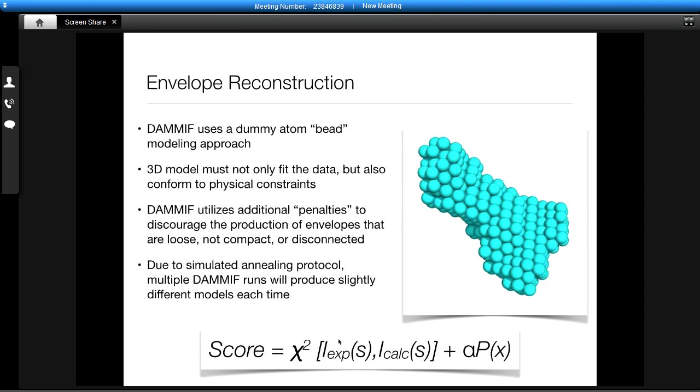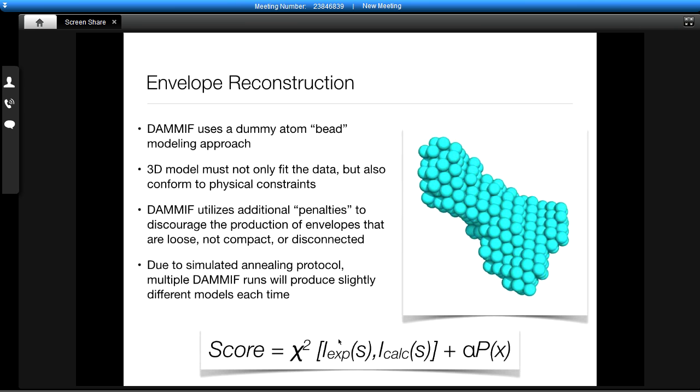The way it is able to make protein-looking envelopes is that it doesn't just randomly search configuration space. It actually uses some penalties. If you think about X-ray crystallography or NMR, you're not just using your raw data most of the time.